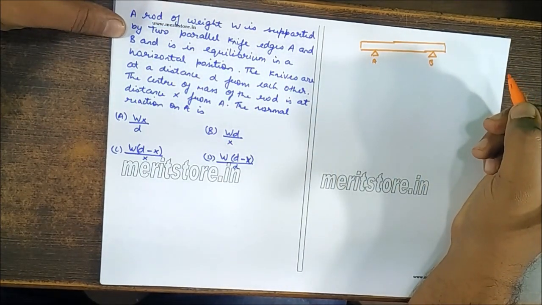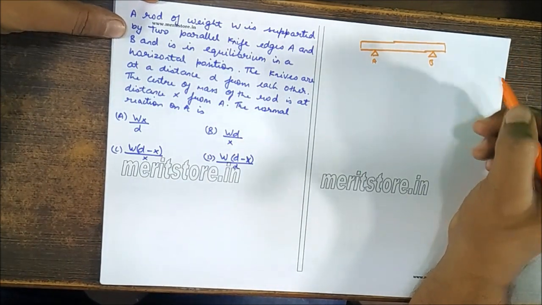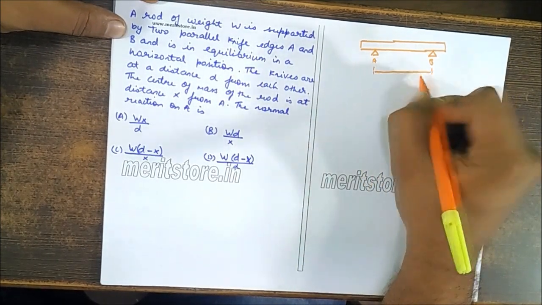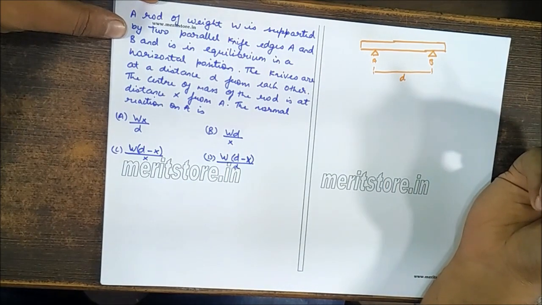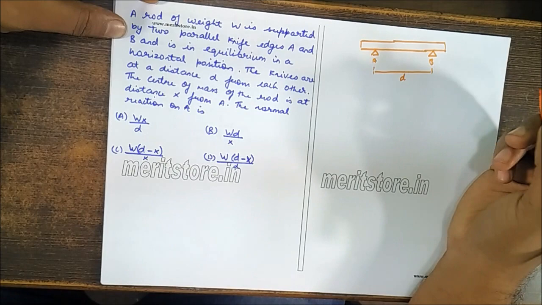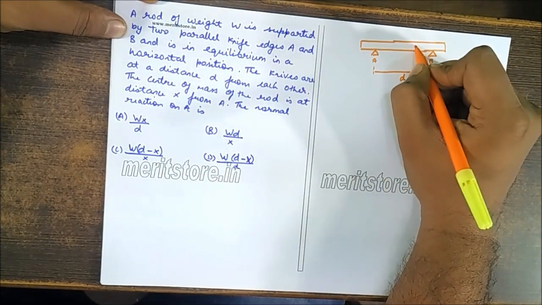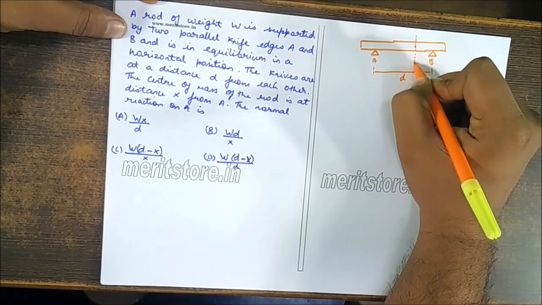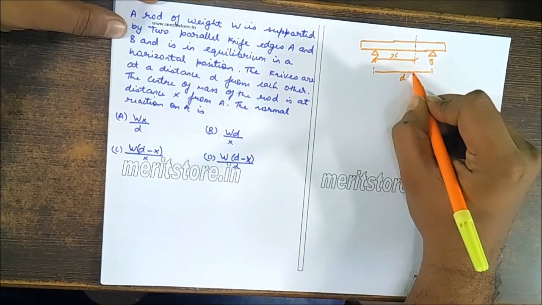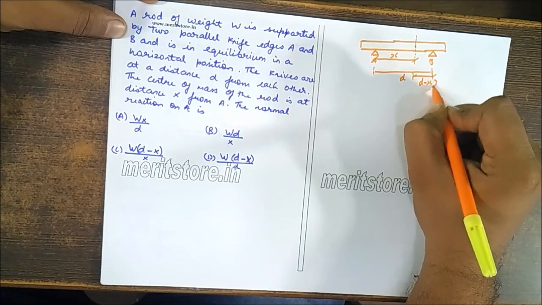So we'll draw a rod. The knives are at a distance D from each other. The center of mass of the rod is at a distance X from A. Exactly where the center of mass is we don't know, so we can say this distance is X. Therefore, by default, this distance becomes D minus X.